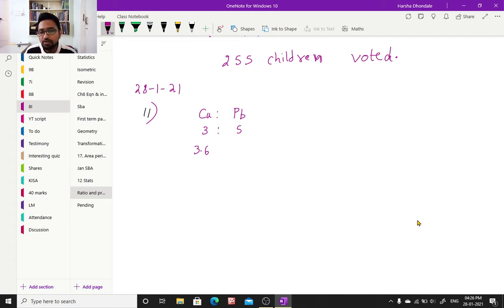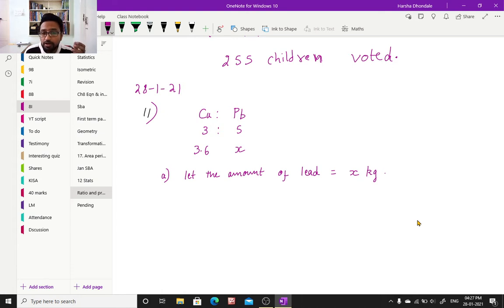I don't know how much, so I'll call it X. To solve this part of the question, I'll write: let the amount of lead equal X kg.